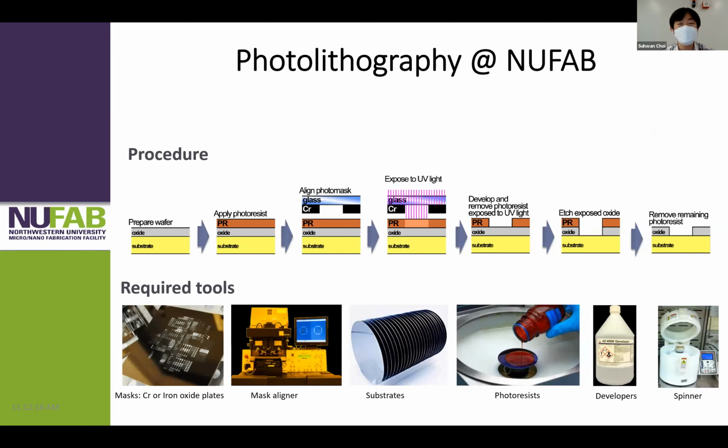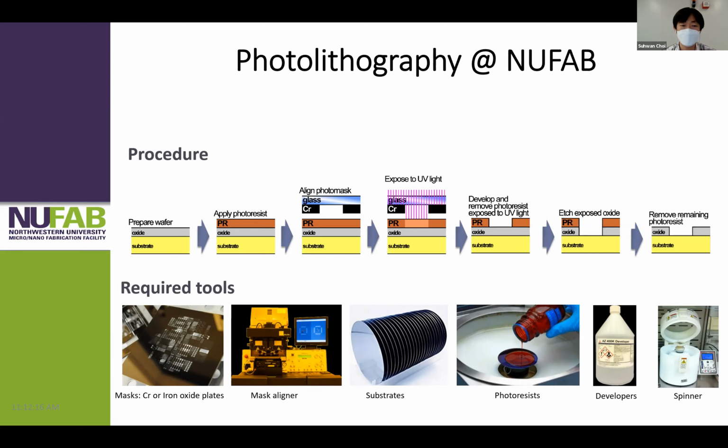Okay, to do microfluidic fabrication, we should know photolithography, so I'm going to introduce a little bit about that. For the procedure, we have the substrate, and then some kind of hard material on top of that. Then we apply photoresist by spin coating, and we use a mask aligner with a certain type of mask.